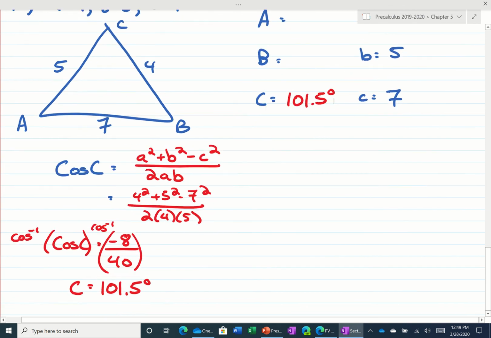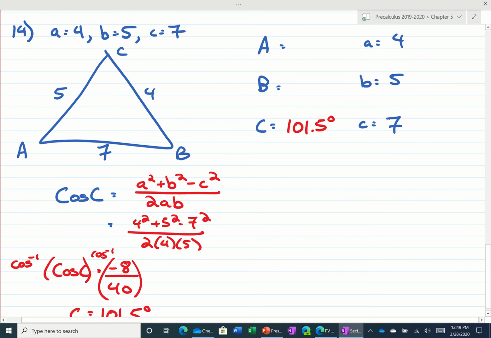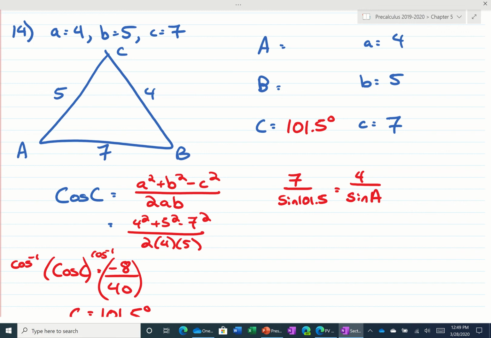Alright, so at this point, I still have to find angle A and B. So I'm going to say 7 over the sine of 101.5 is equal to 4 over the sine of A. Now I'm trying to find angle A first. If I get a final answer and the largest side isn't opposite the largest angle, instead of doing angle A first, I'm going to go back and do B first.